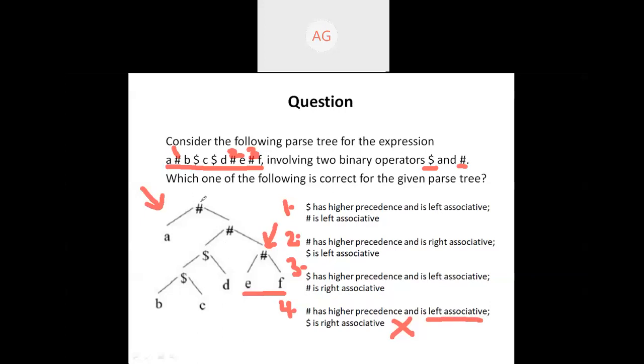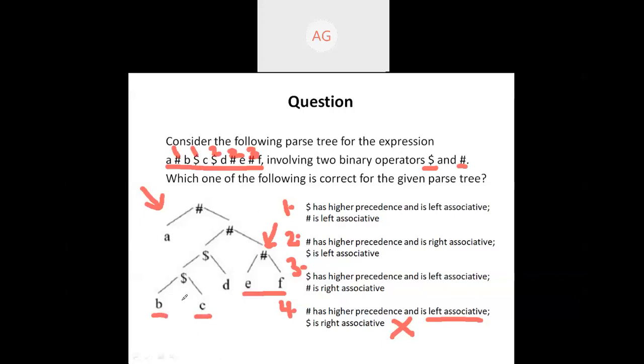In the same way we also need to check whether dollar is having left associativity or right associativity. As we move along this input string, dollar has its first occurrence between B and C and its second occurrence between C and D. So out of these two, which is going to be evaluated first? As you can see from the parse tree, B dollar C is evaluated first.